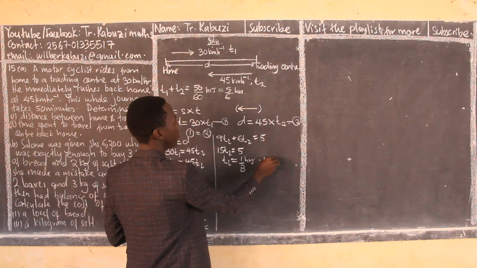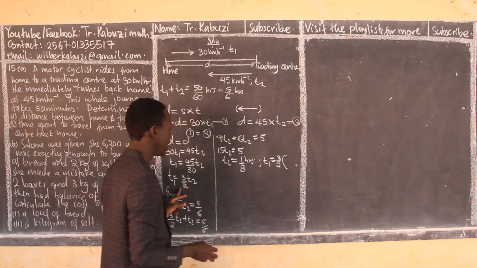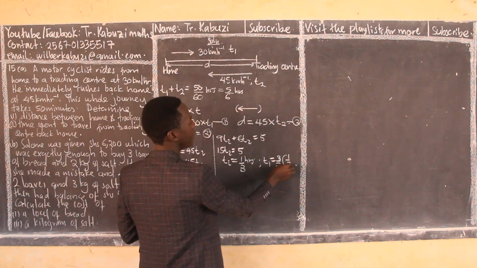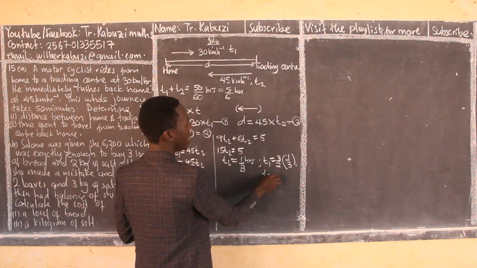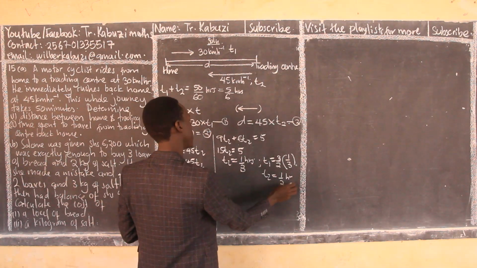So my T1, we said, is going to be 3 over 2 times the T2, which is a third from there. So T2 is going to be half an hour.